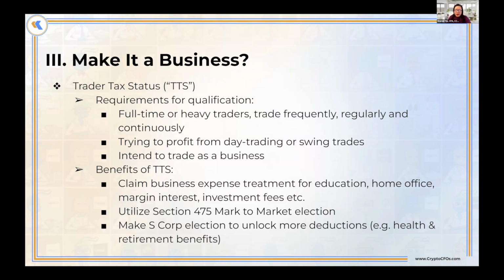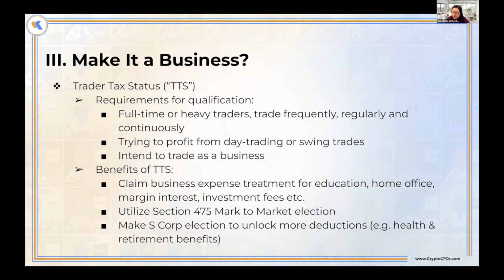Some benefits of having a trader tax status include the ability to claim business expense treatment for education related to crypto investment, home office expenses, margin interest, investment fees, etc. Once you establish that you qualify for trader tax status, those expenses are considered business expenses.